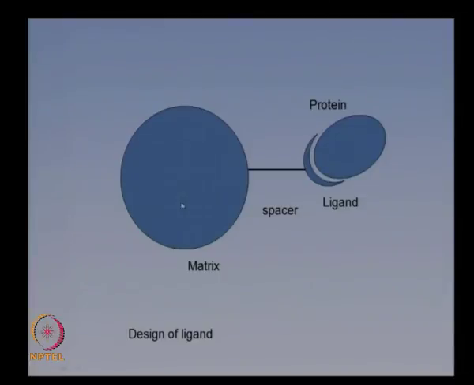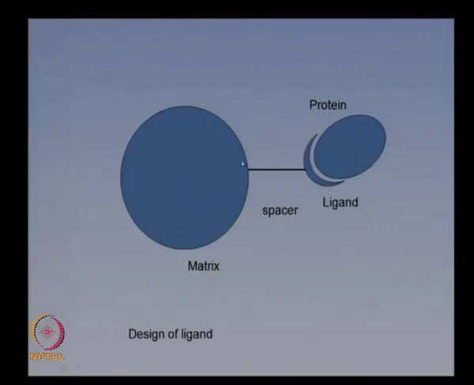So we have a matrix, we have the ligand, the protein which is complementary, which exactly matches in shape and size the active site of the protein, so the protein gets bound here. You also have something called a spacer arm, so that the ligand is not very close to the matrix.